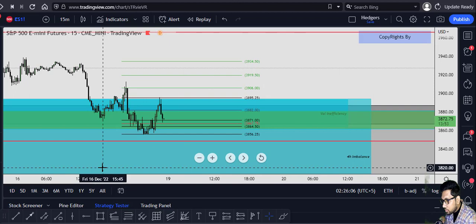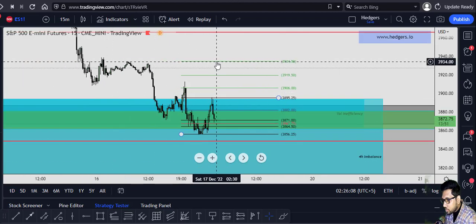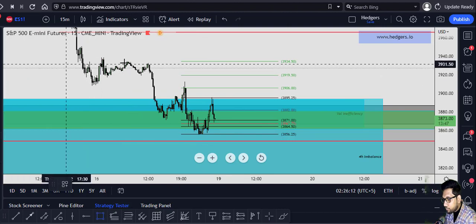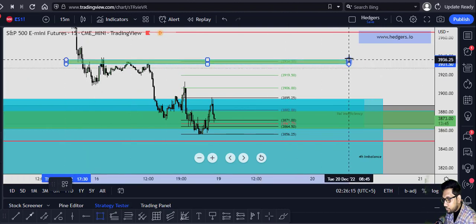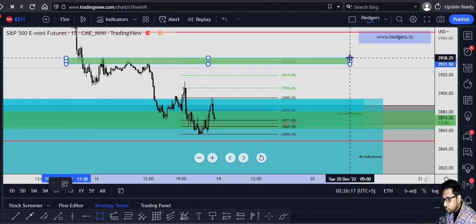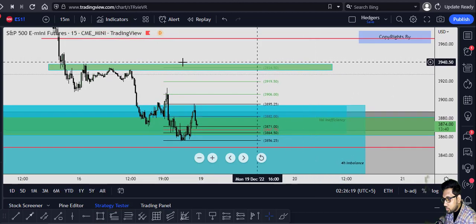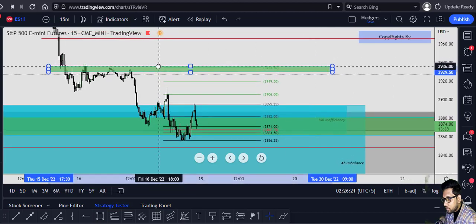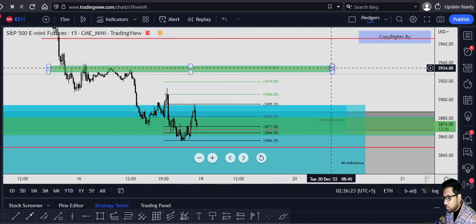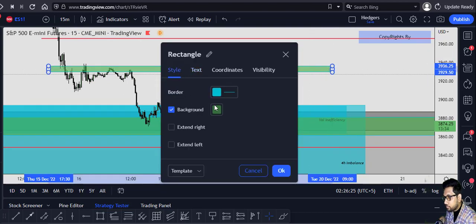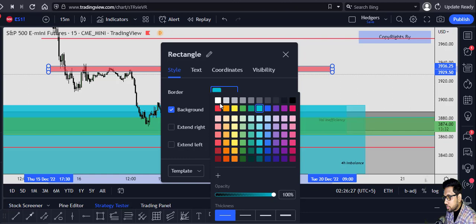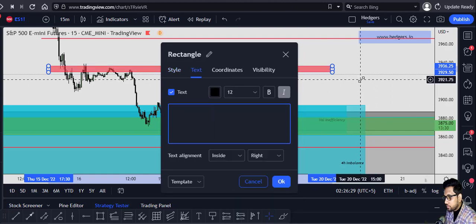Targets are to this support resistance area on the lower time frame. Last target is here.